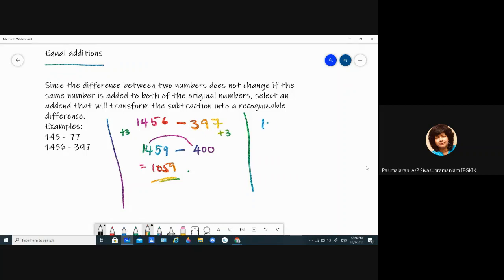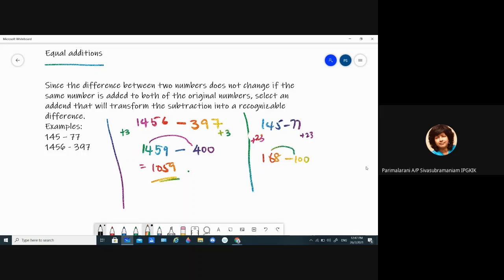Okay, this one, maybe another one. 145 minus 77. If I want to do it fast, I can add 23 here. So this will be 168. Minus this will be 100.